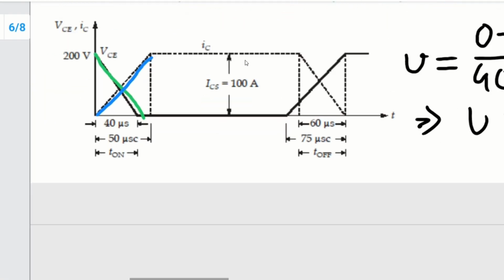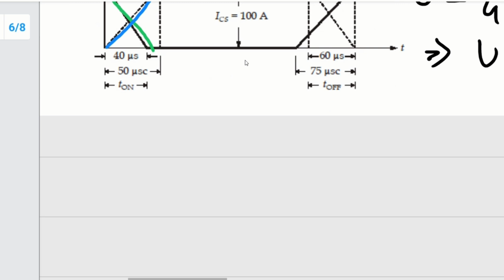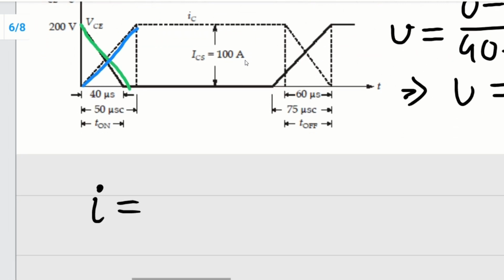Same goes for the current. For the current, I equals the maximum current, 100, times t by 50.